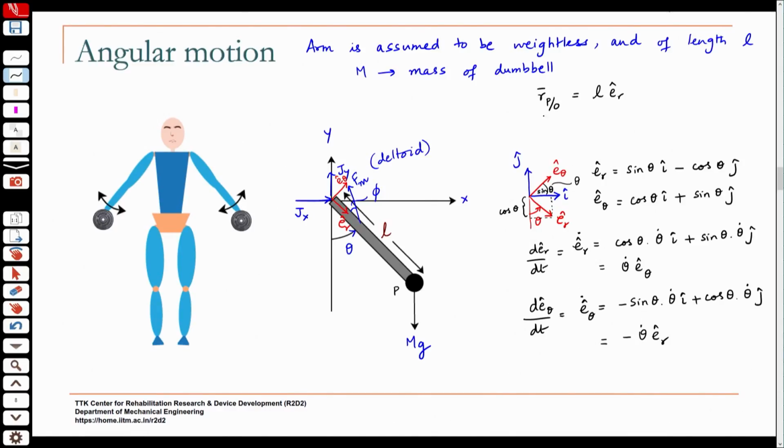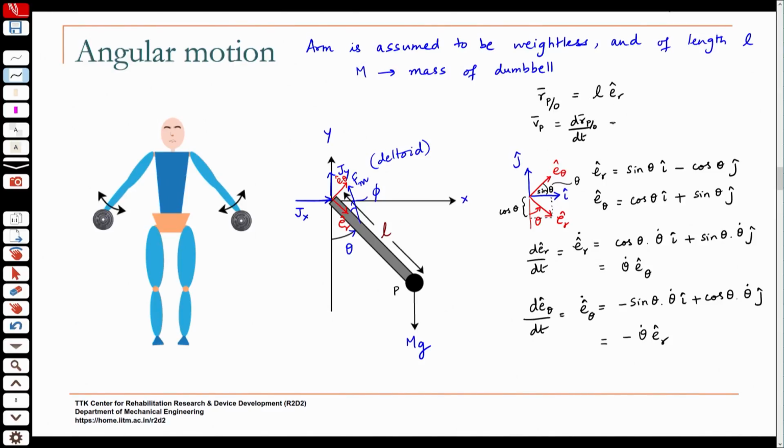Okay. So, the velocity of this point P, which is d, I will omit the O because it is understood that it is with respect to this inertial frame. We are talking about the absolute velocity.